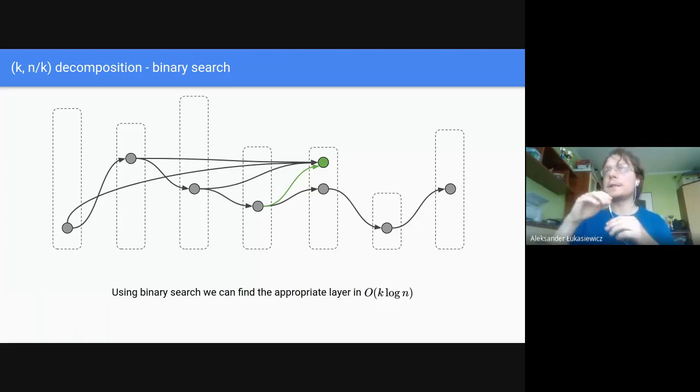Because we extract the long layers, one query inside the binary search takes at most O of k, right? So the complexity of one binary search is then k log n.